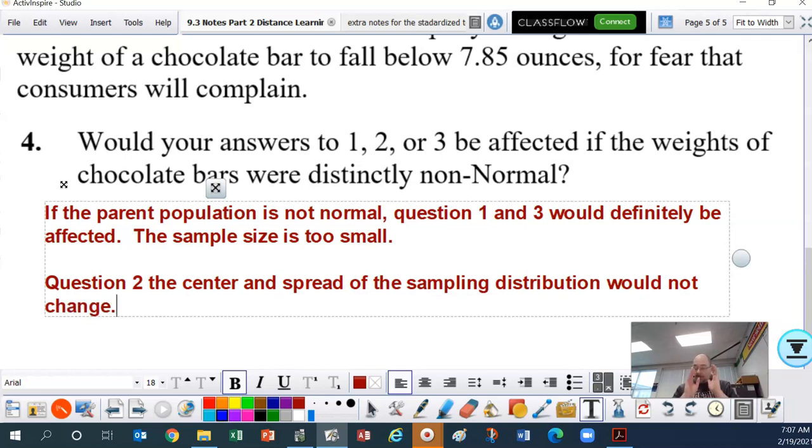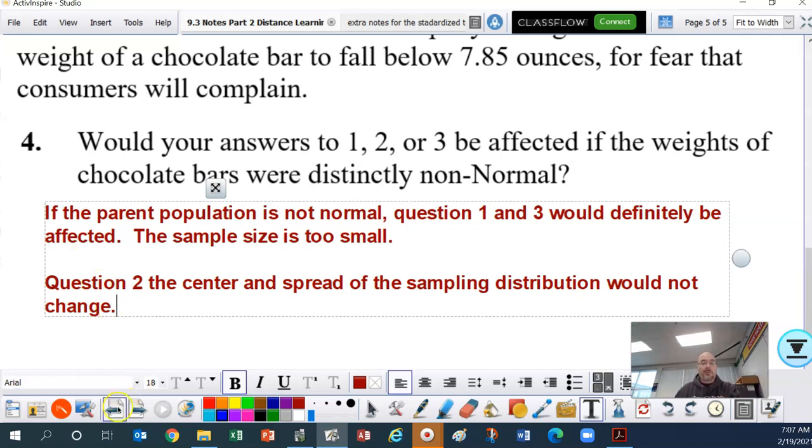Okay, doesn't matter what the population distribution looks like. The center and the spread of the sampling distribution, that's not going to change. Okay, so the mean is still going to be the 8 ounces.